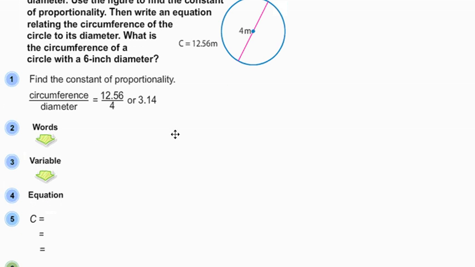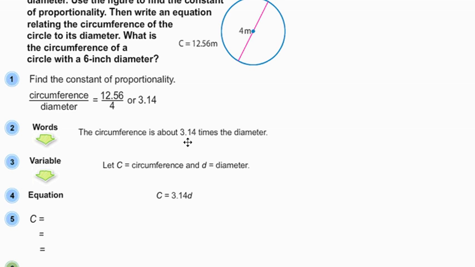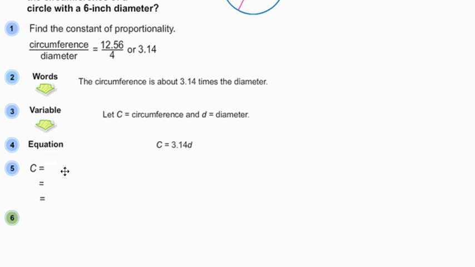So we have the circumference is 3.14 times the diameter. We're going to let C equal circumference and D equal diameter. So we're saying our circumference equals 3.14 times our diameter.